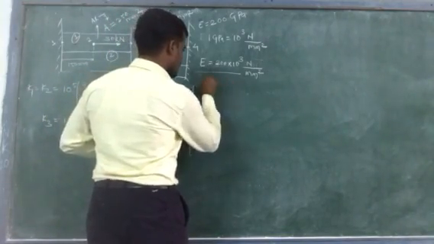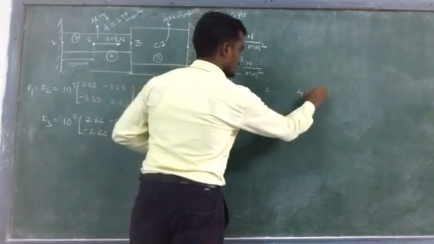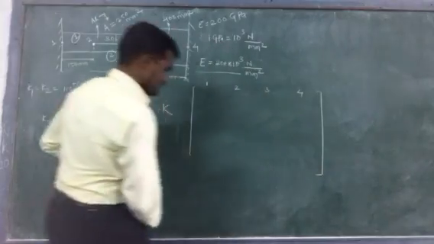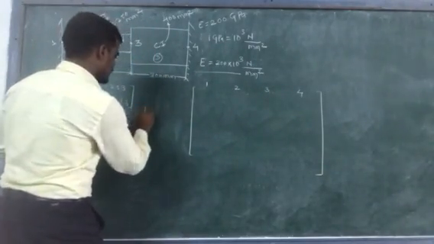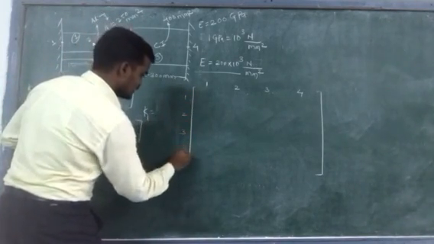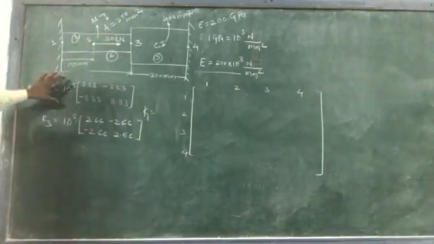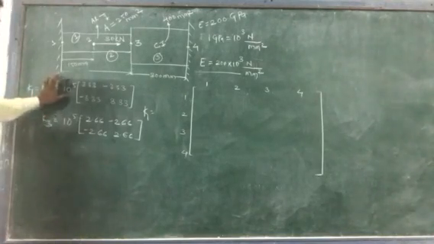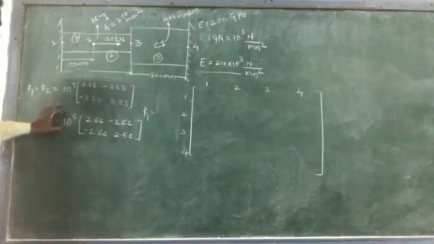Rows and columns 1, 2, 3, 4. So finally this K will become equal to rows and columns 1, 2, 3. As we know, from elemental stiffness matrices 1, 2 and 3, 10 raised to power 5 is common.